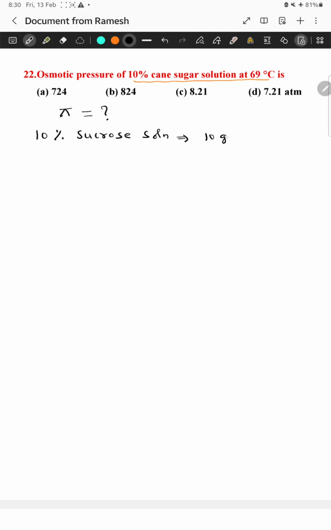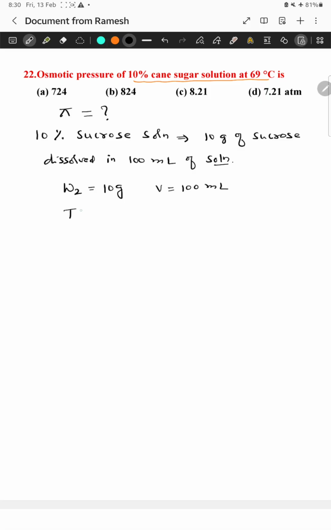means 10 gram of sucrose dissolved in 100 ml of solution. That is the meaning; percentage means per 100 ml. So here the mass of the solute, sucrose, is 10 gram, and the volume of the solution is 100 ml.